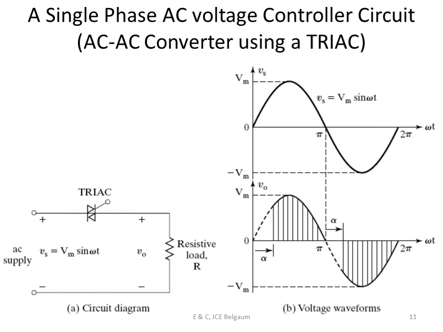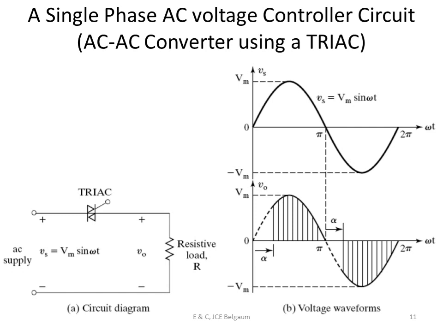This is the typical circuit for an AC to AC voltage converter using the triac. What is AC? AC means you have a positive and negative here. At the output also it is going to be AC, so I have got a positive and negative. Since the triac is a bidirectional device, you can trigger it both in the positive half cycle as well as in the negative half cycle.